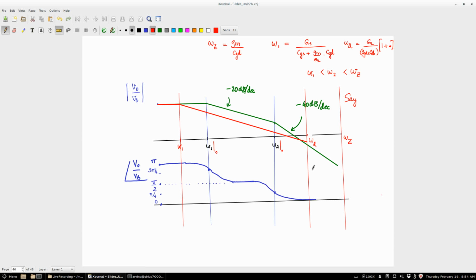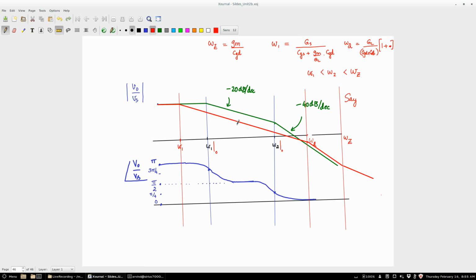This horizontal line has no meaning because it's on a log scale. It happens to be a horizontal line, so don't worry about what value that is over here. Correct? What happens after omega 2? I must have minus 40 per decade, right? And I will have minus 40 till omega Z, because omega Z is in the numerator, so it will compensate the minus 40 and make it again minus 20.